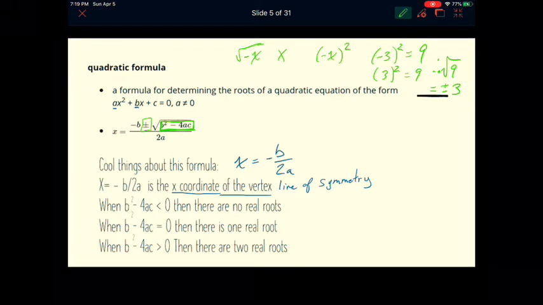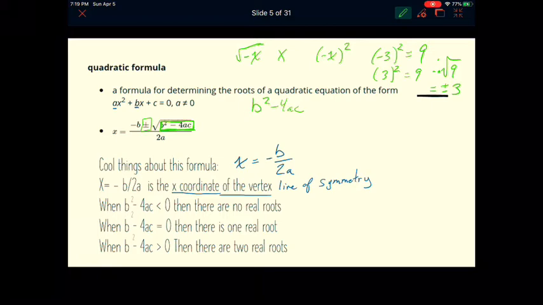So what's underneath the square root sign is important. It is b squared minus 4ac. It tells us if we have one root, no roots, or 2 roots.